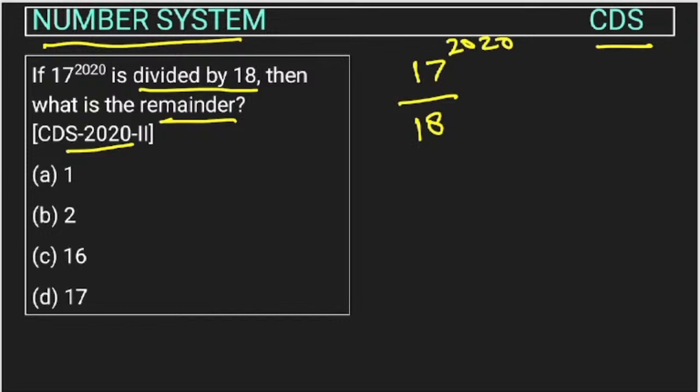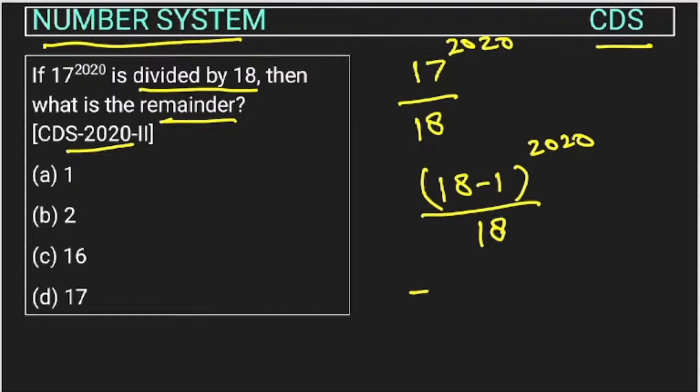This 17 can be written as 18 minus 1, to the power 2020, upon 18. So the remainder will be minus 1 to the power 2020.